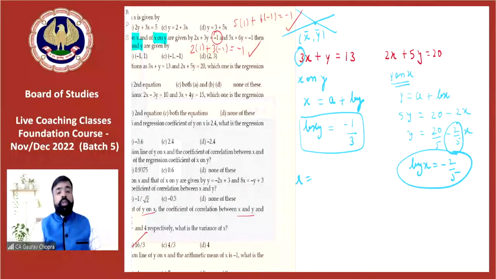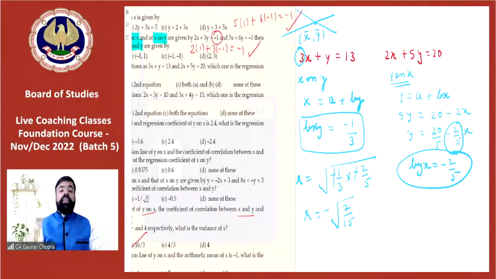So you can check that it is correct. Minus 1/3 and minus 2 by 5; minus minus will get cancelled, and you will get root 2 by 15. It is less than 1, so the result is correct. But the final r will be negative, because we have read that if bxy and byx are negative, the final result will also be negative.